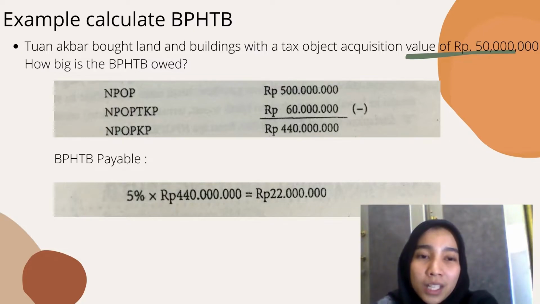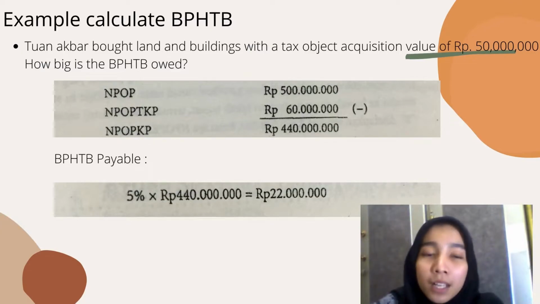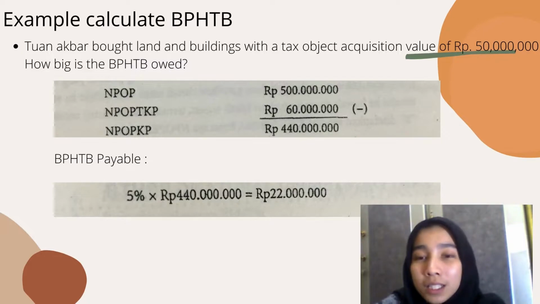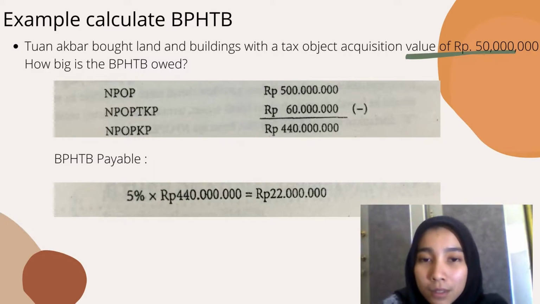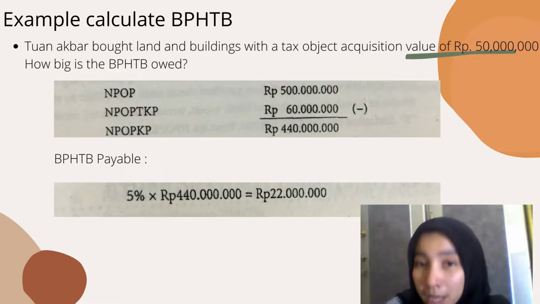And next, we explain the example of calculating the BPHTB value. For number one, the question gives a tax object acquisition value, or NPOP. So we determine the BPHTB.